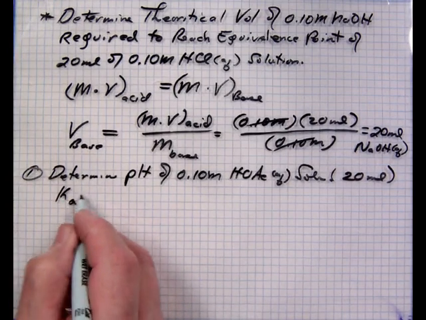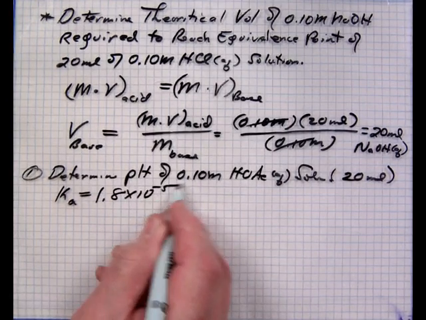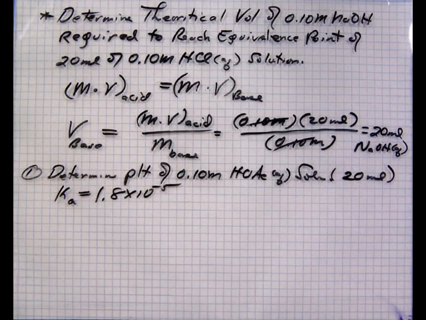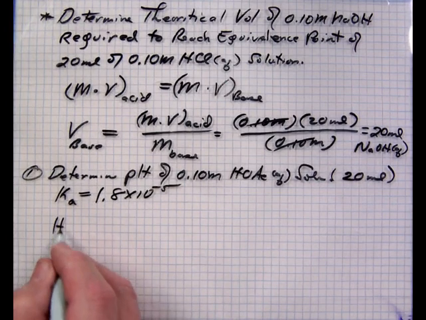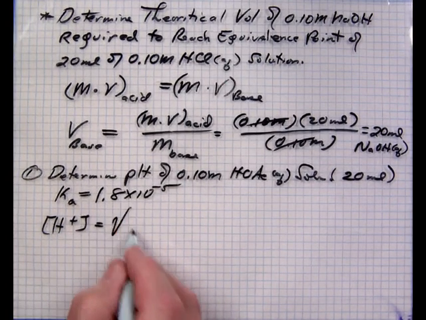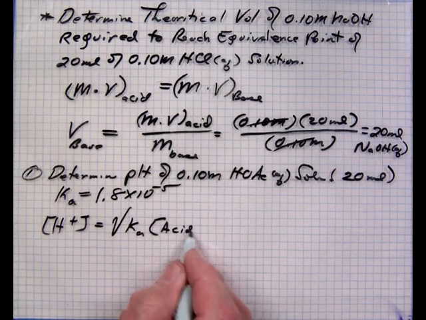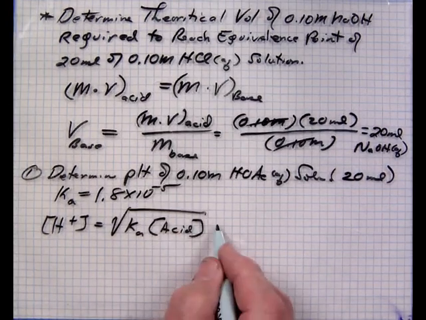Now I have to give you the Ka value here to be 1.8 times 10 to the minus 5. Now it can be shown that for a weak acid in pure water, the hydronium ion concentration is the square root of Ka times the weak acid concentration.